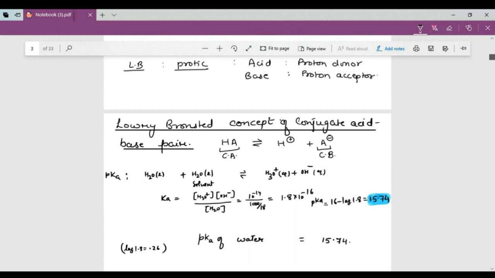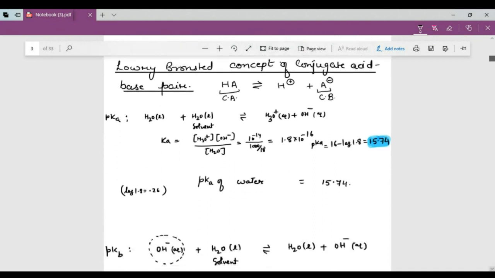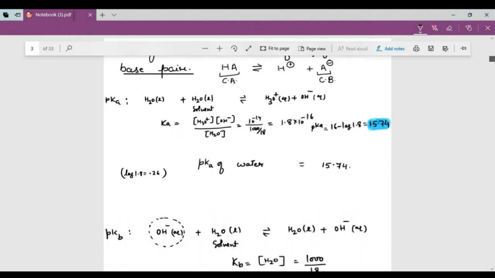So, conjugate acid-base pair. An important conclusion is that in a conjugate acid-base pair, if the acid is a stronger acid, then the base will be a relatively weaker base. If the base is behaving as a stronger base, then the acid is going to be a relatively weaker acid.